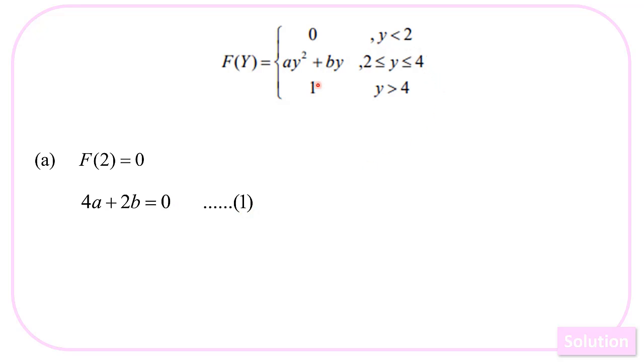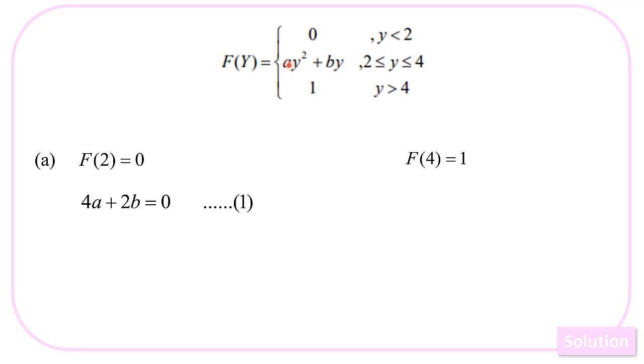Another point that we are going to find the value is at y equal to 4. From the third interval, we can see that f of 4 is equal to 1. F of 4 also can be found by using the second function, ay squared plus by. Substitute y equal to 4 into the equation.